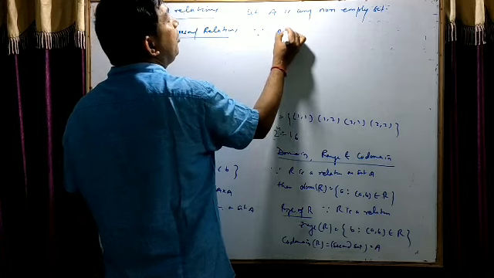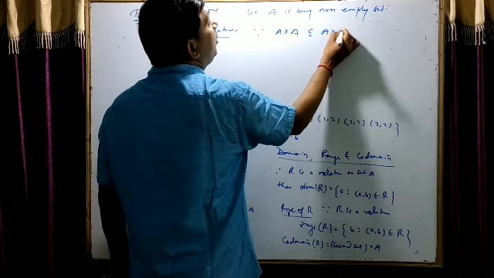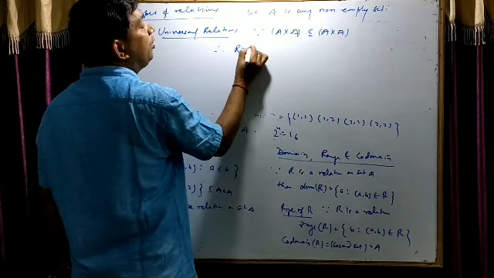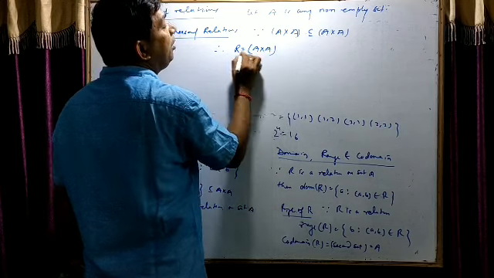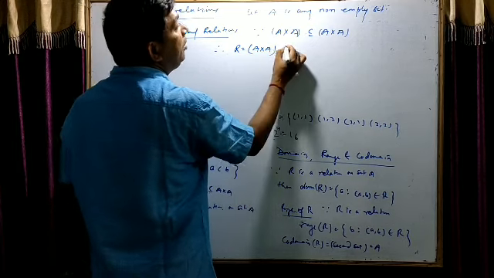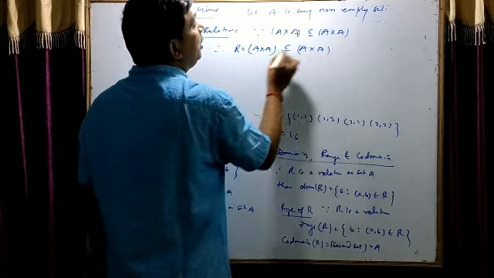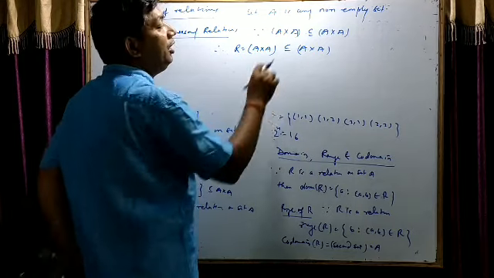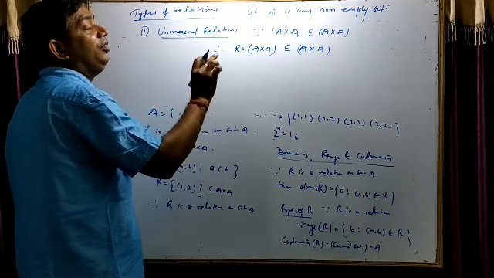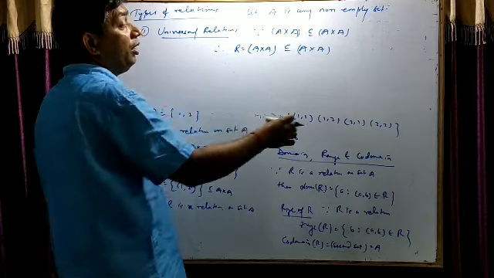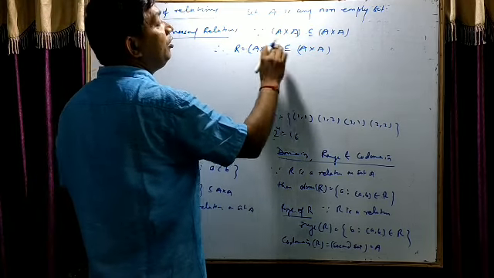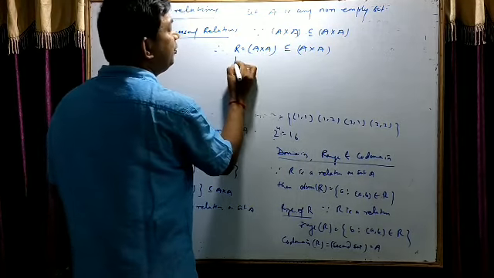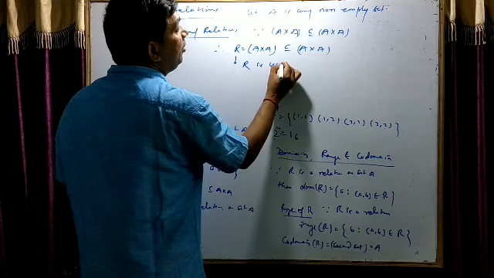Since A cross A is a subset of A cross A, every set is a subset of itself. So we take R equal to A cross A. If R is a subset of A cross A, it means R is a relation from A to A, a relation on set A. So when the value of R is equal to A cross A, which is always a subset of itself, then this R is a universal relation.